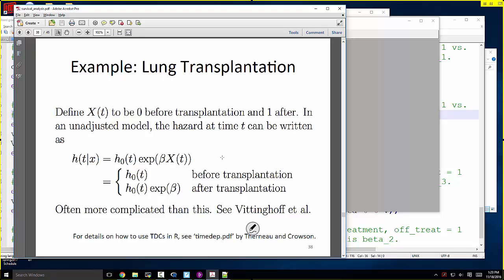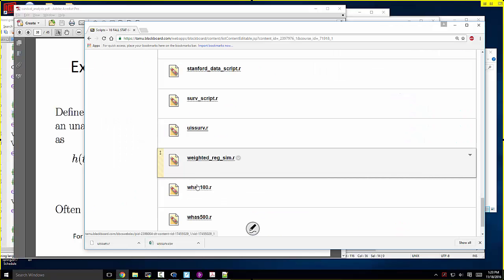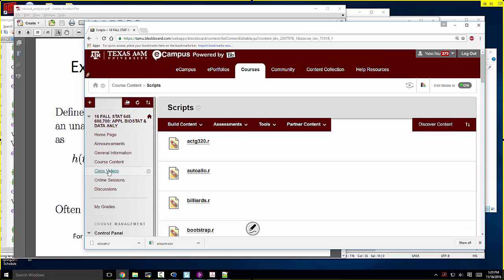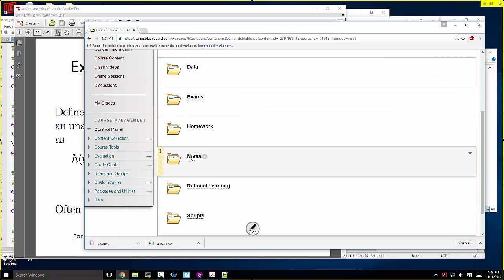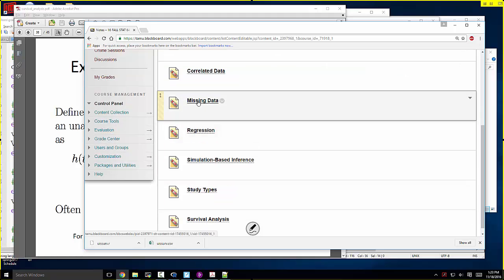So let me just very briefly introduce us to the idea of missing data, and we'll pick up on that Monday. So let me get the notes for missing data just briefly here and say a couple of things about it. Missing data is one of those things that shows up an awful lot in practice.